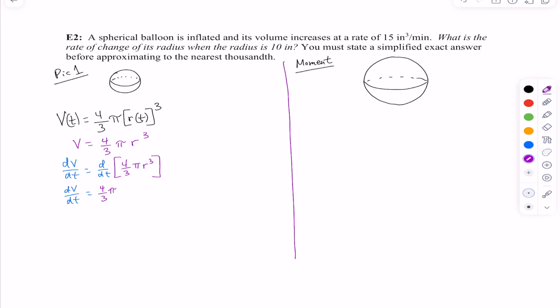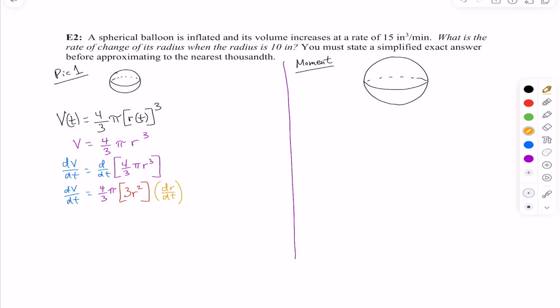Put the constant out in front, and we're ready to do the chain rule. The derivative of the outside function evaluated at the inside function. That's simply going to be 3r squared times the derivative of the inside function, which is simply dr dt.